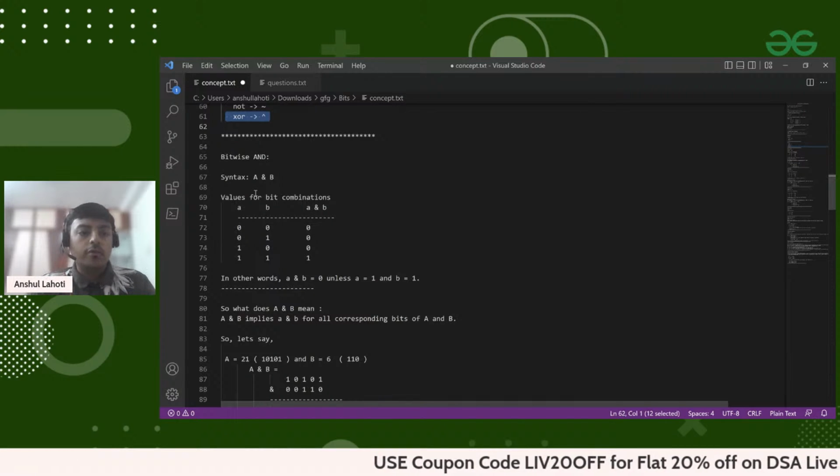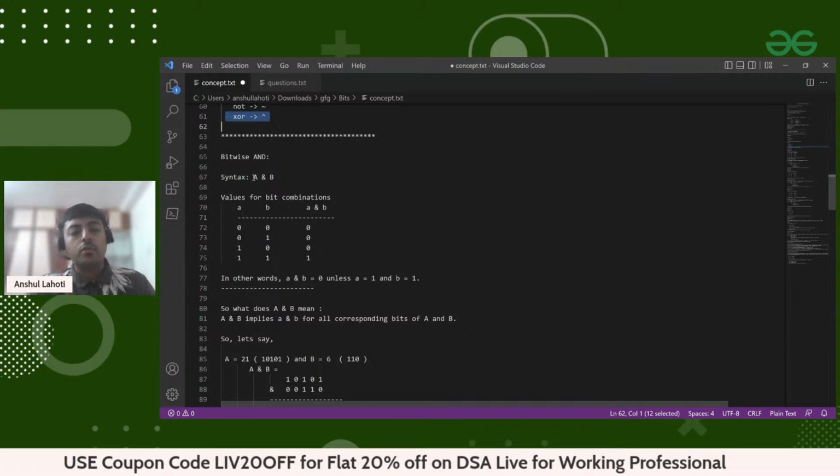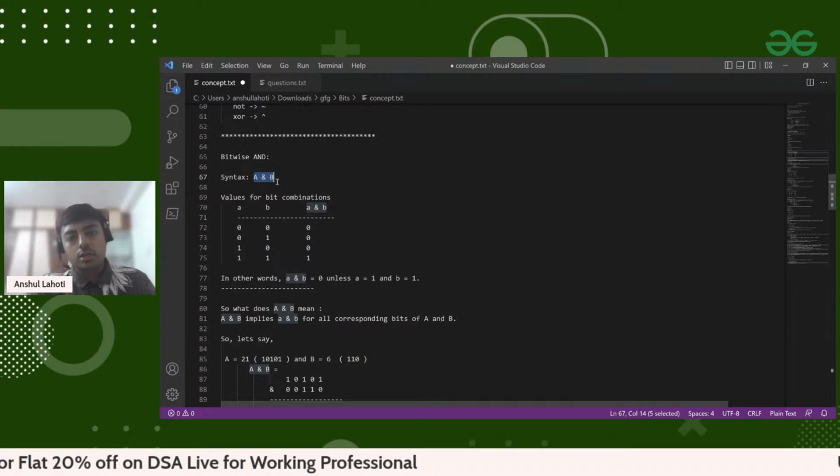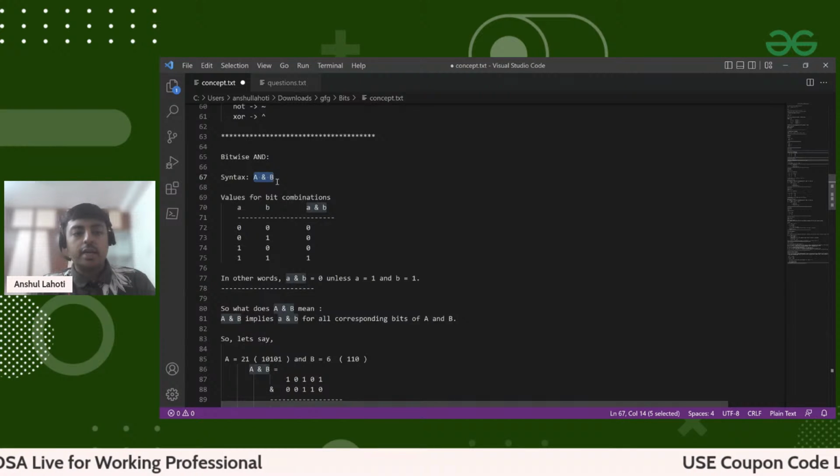If you are given two numbers a and b, the syntax is a & b. This is the bitwise and syntax.